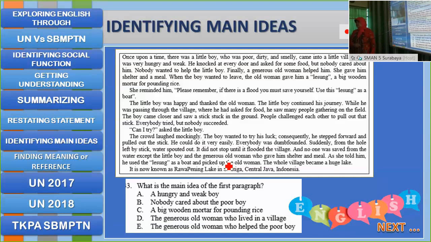We have fairy tale, we have folklore, we have legends. So what do you think of this? It can be a legend. It's a story that happened long ago.